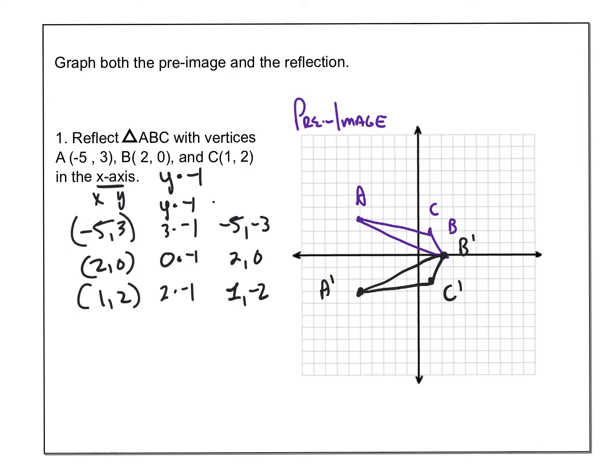Okay, so these are my new A, B, and C. All right, so this would be considered my image. That's all you're doing. So it's a good refresher on plotting points and being able to draw shapes in the coordinate plane, but you're also doing a little mathematical step as well.